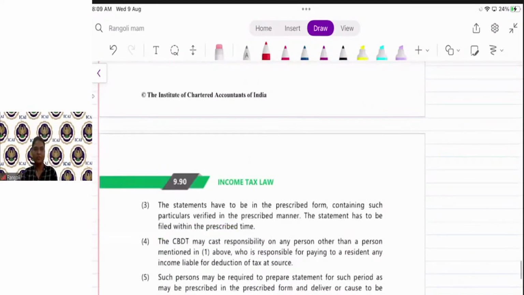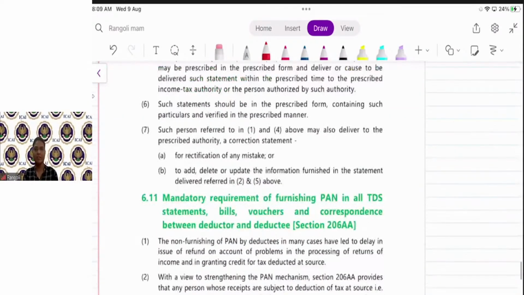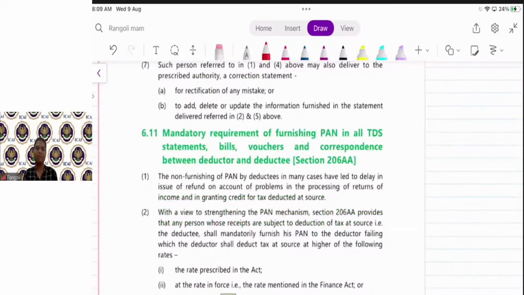Now, section 206AA, we have already discussed: the deductee or the payee should compulsorily provide his PAN to the payer. Yes or no?